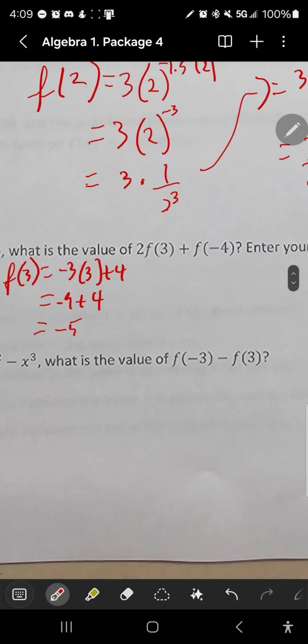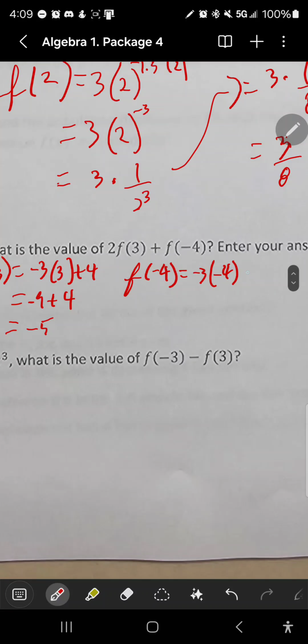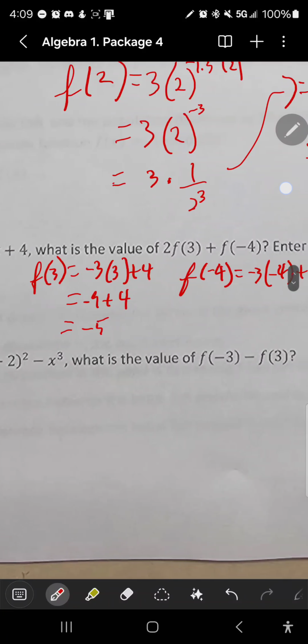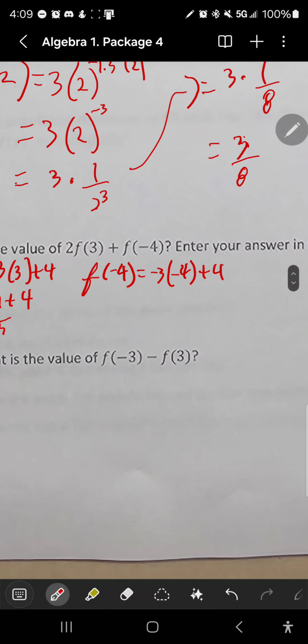Now let's see negative 4. So f(-4) will be equal to negative 3 times negative 4 plus 4. Now let's calculate it. Negative 3 times negative 4 is 12, positive because they have the same sign. So 12 plus 4 is 16.